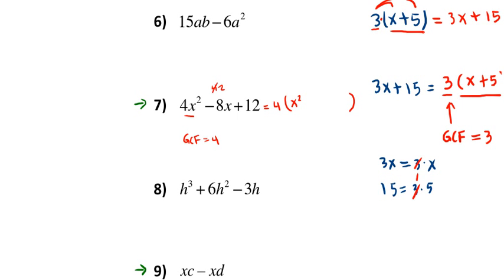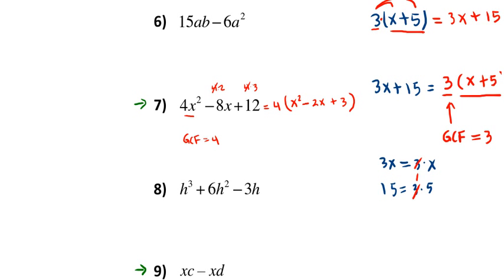So if I take a 4 out, I should be left with a 2 and the x and the negative sign in front of the 2x. So that when I multiply by 4, I should get 4 times negative 2x, I get negative 8x. And then from the 12, I have left a 3, and that's positive 3, because 12 is 4 times 3. If I take the 4 out, I'm left with the 3.